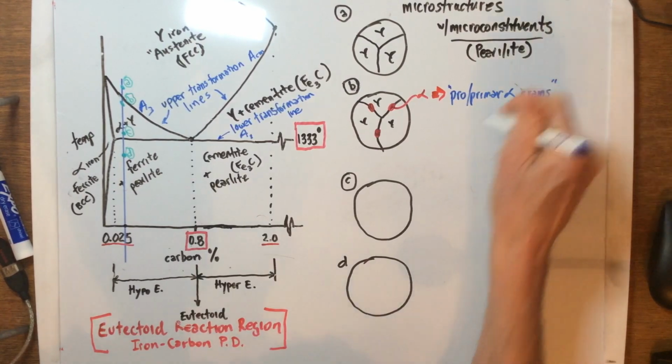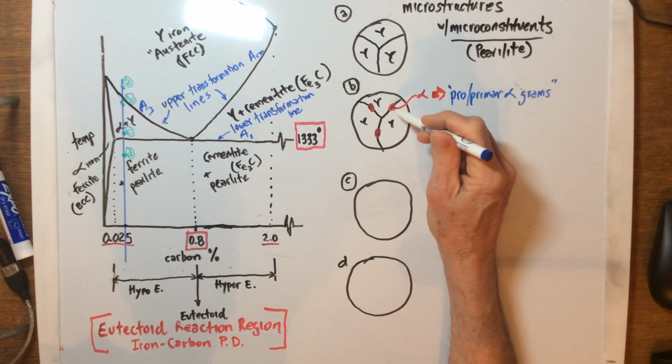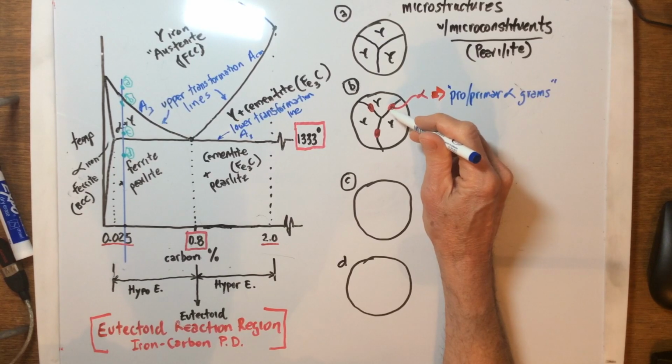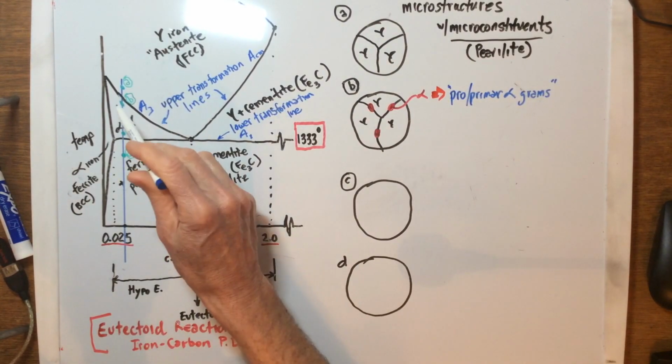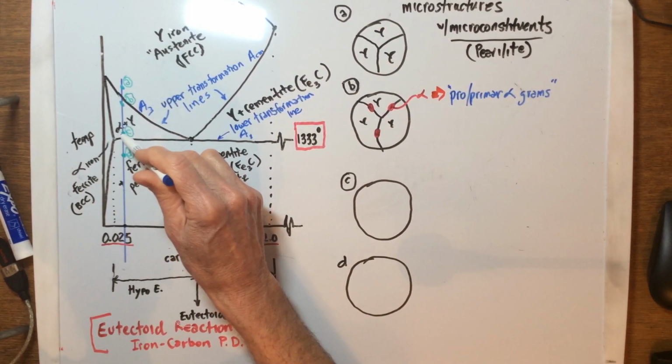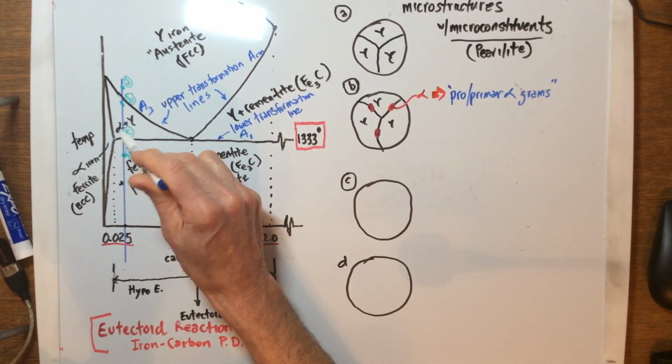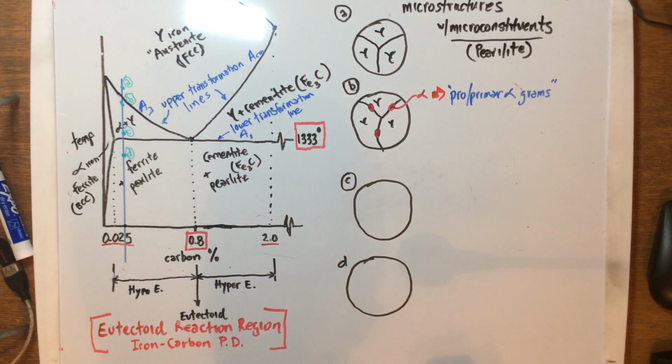Okay, pro or primary alpha grains. So they are going to begin to form, and they will continue to form as the temperature drops. And by the way, when we get down here to C, as the temperature drops, we're still going to have alpha grains. Okay, so let's draw that in here.